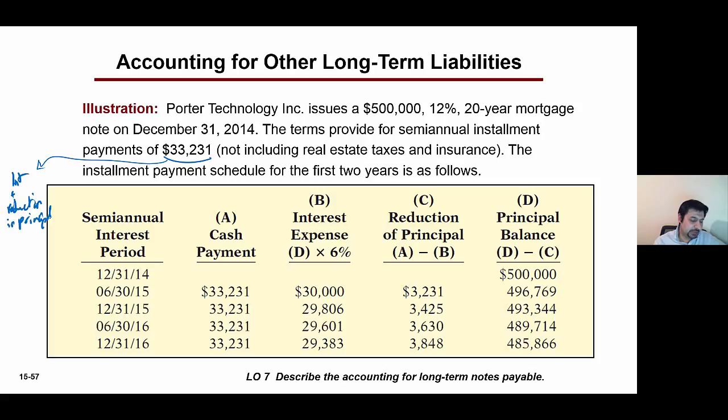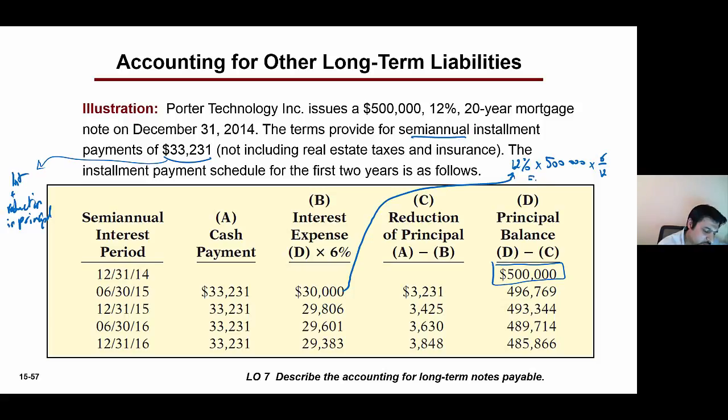The company has issued a $500,000 note. So initially the company will record it at face value, and then later on we need to calculate the interest. The interest here is 12%. So the interest expense is 12% multiplied by 500,000 multiplied by 6/12, because it was semi-annual.